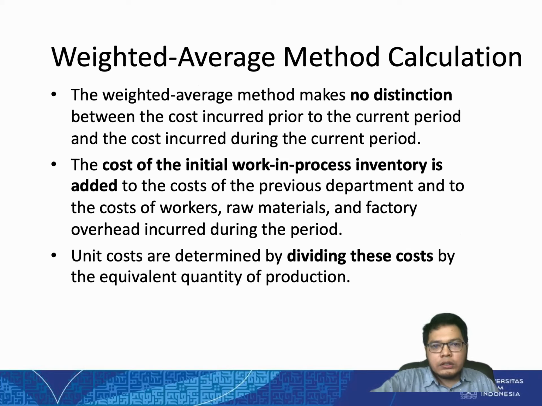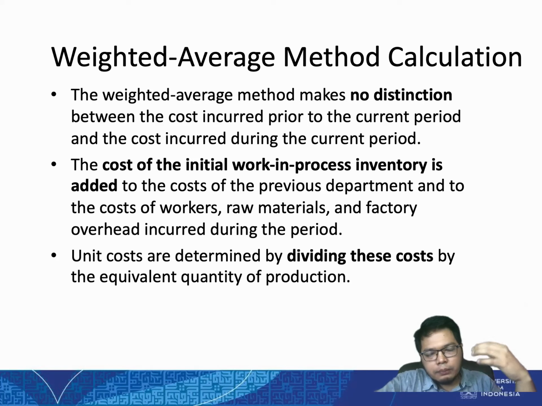In the weighted average method calculation, there is no distinction between costs incurred in the previous period and those in the current period. We consider them the same, or perhaps even from different departments.